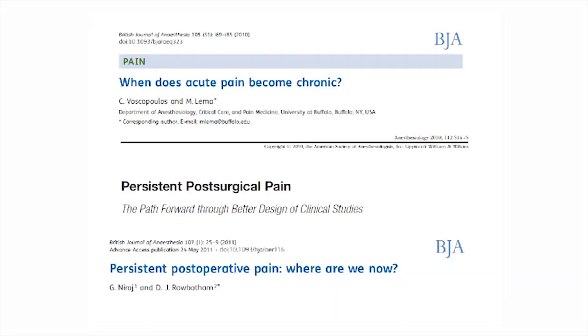Okay, so there's now been a growing evidence base of recognising this problem. And that leads to the question: how can we first of all recognise and identify these patients? Can we risk stratify them? And can we do anything about it?